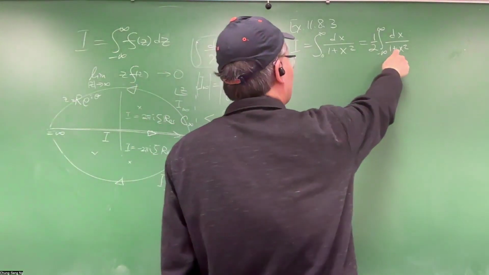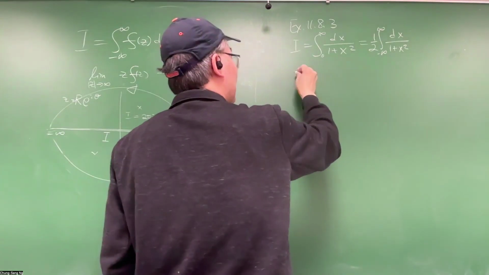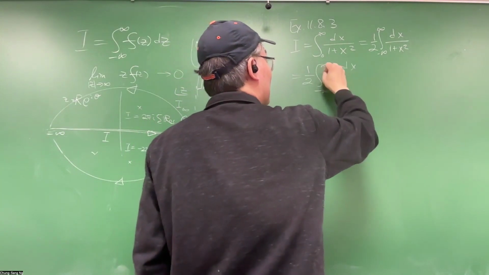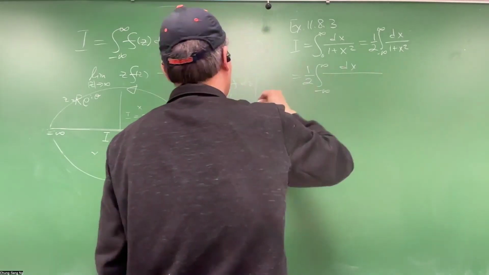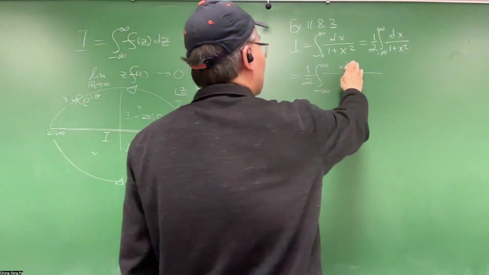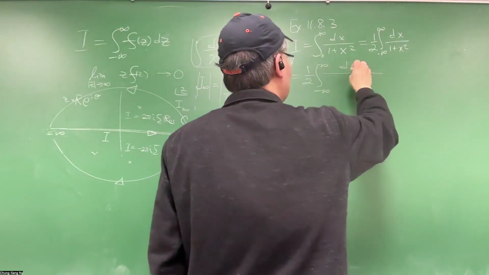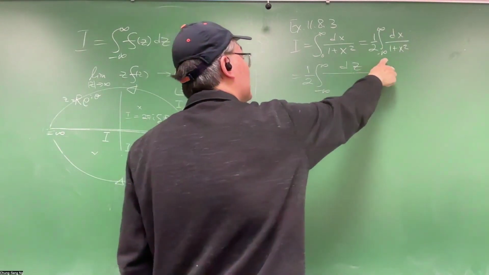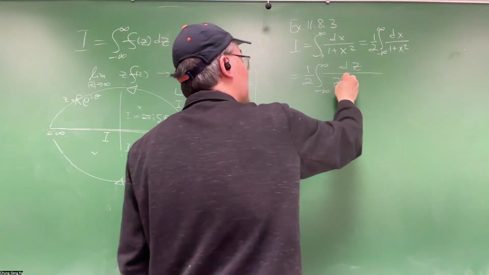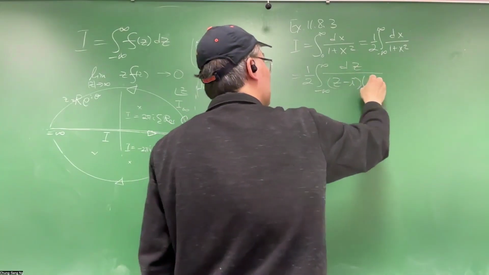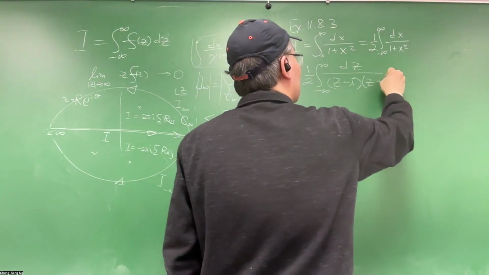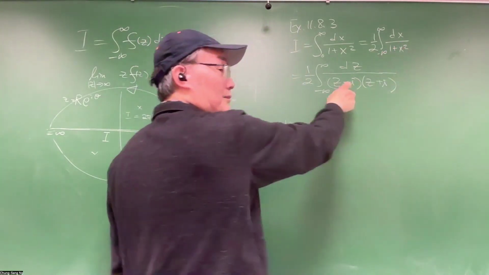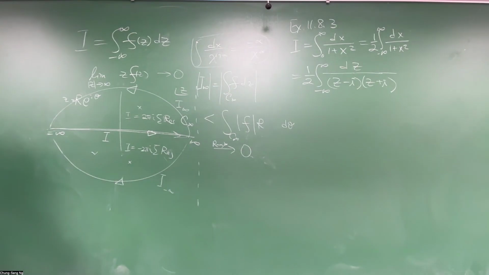Then you can figure out the poles. With the same view, you extend it to the complex plane, just change x to z, and the factorization is trivial. 1 over 1 plus z squared becomes 1 over (z minus i)(z plus i).